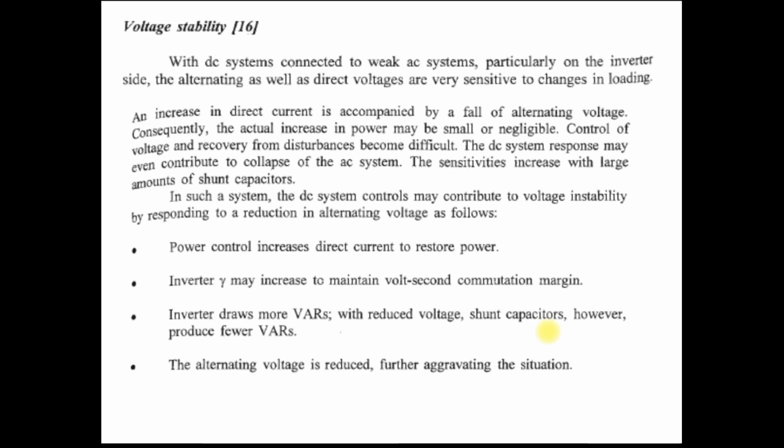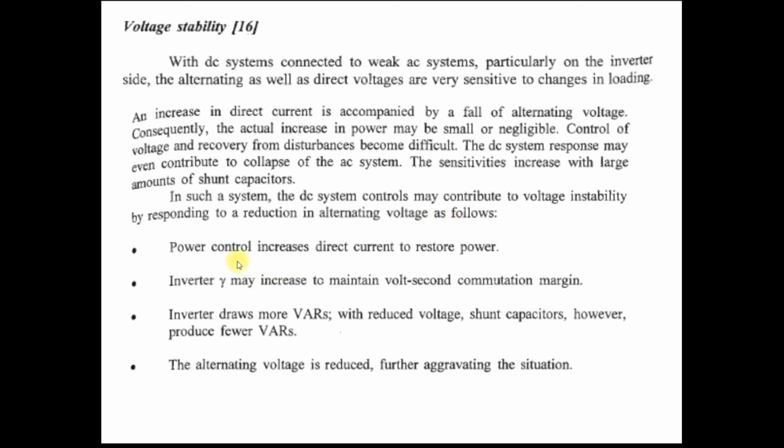So the DC system response may even contribute to the collapse of the AC system, because the sensitivity increases with the large amount of shunt capacitors. In such a system, the DC system control may contribute to the voltage instability by responding to the reduction in the alternating voltage. How does that contribute?